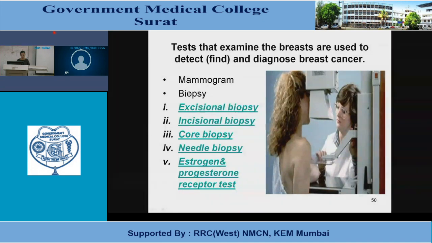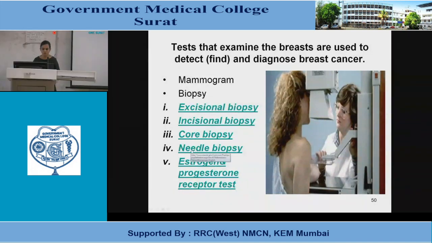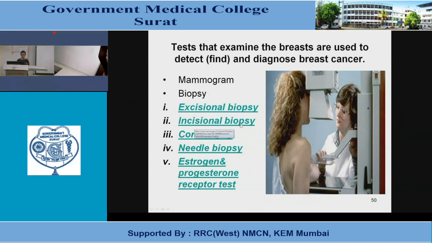Biopsy includes fine needle aspiration cytology, FNAC, which is the needle biopsy, then needle core biopsy, then incisional biopsy where you take a small wedge biopsy and examine it under the microscope. The last one is the excisional biopsy, in which you take out the whole lump and process it for microscopic examination. When we have done all these, we can check for estrogen and progesterone receptors by IHC.